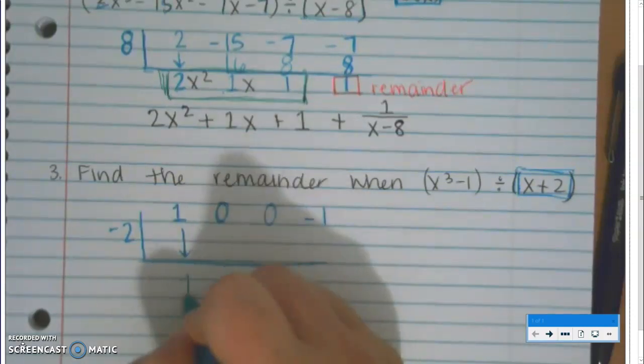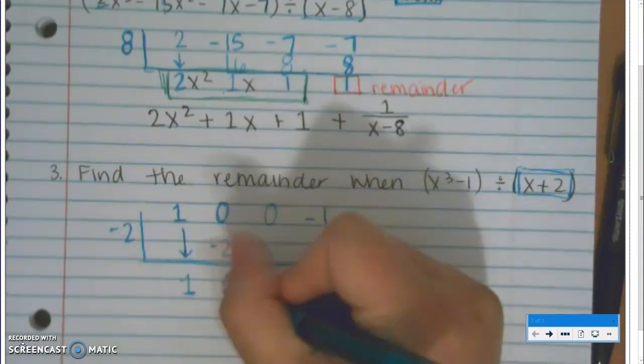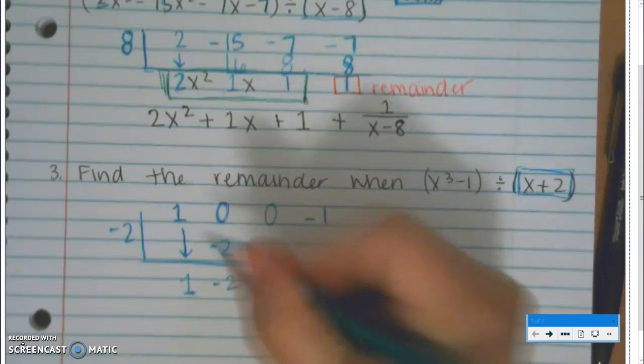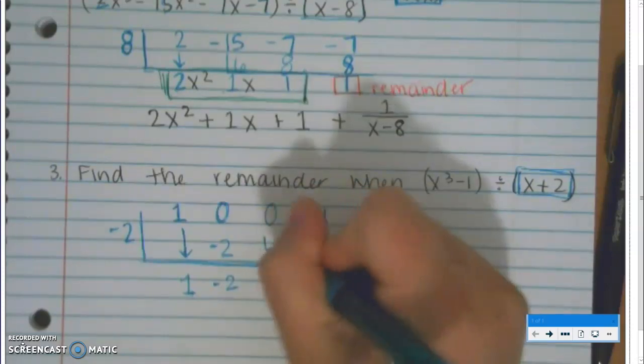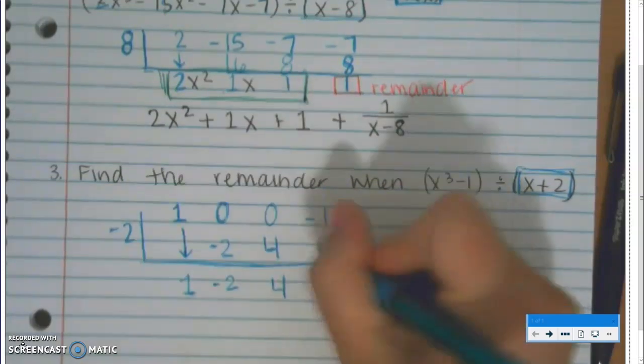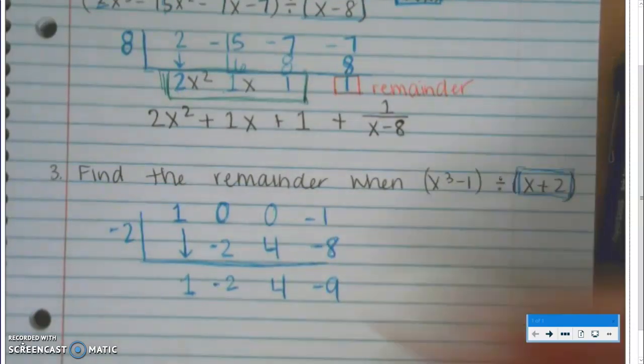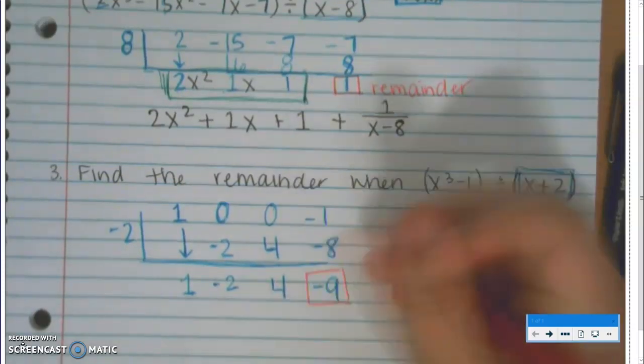So drop that all the way down, multiply, add. Multiply, add. Multiply, add. And the last number in your synthetic division is the remainder.